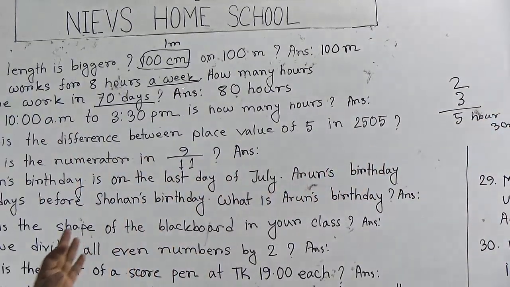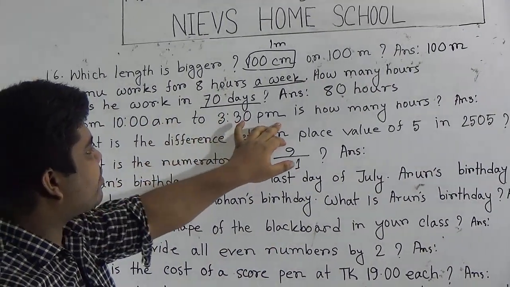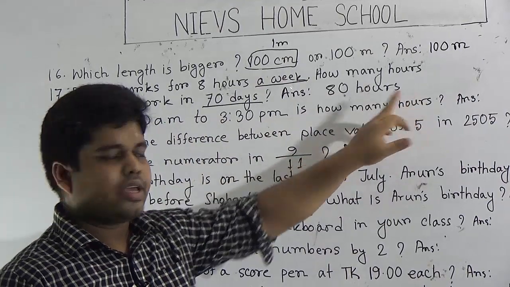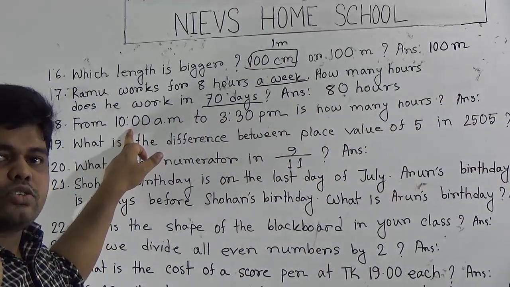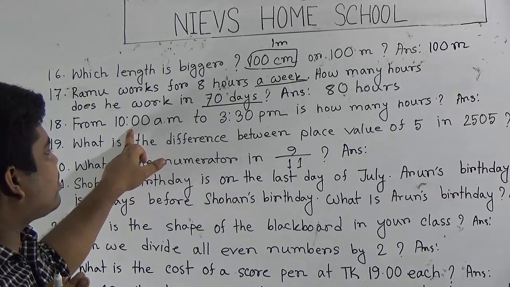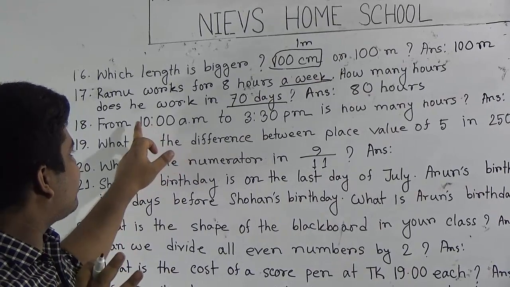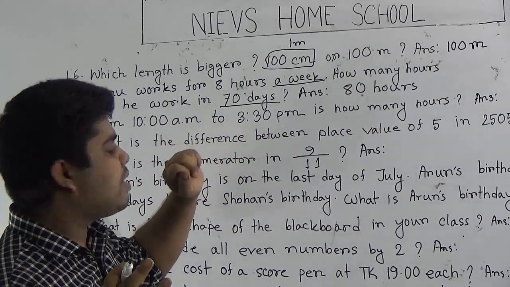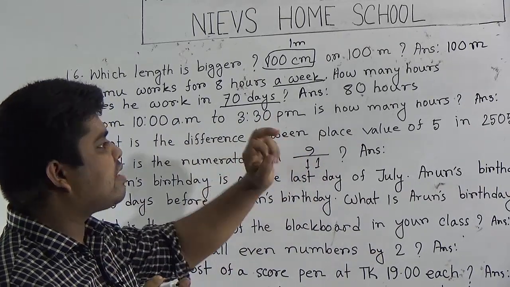Okay, I repeat this question. From 10 a.m. to 3 p.m. is how many hours? That means at first you count 10, 11, 12. Then we count 12, 1, 2 and 3. So 10 a.m. to 3 p.m. is 5 hours, and then 30 minutes.